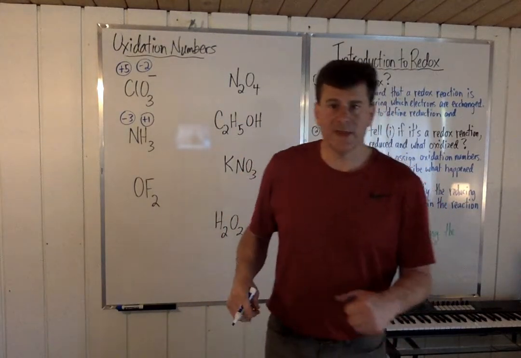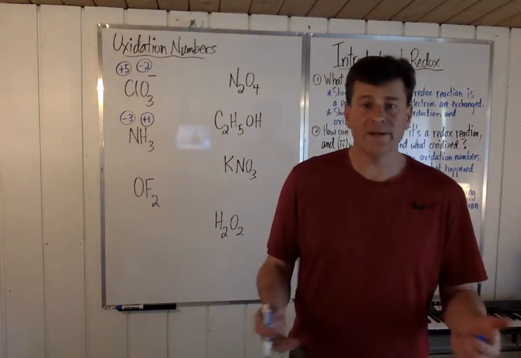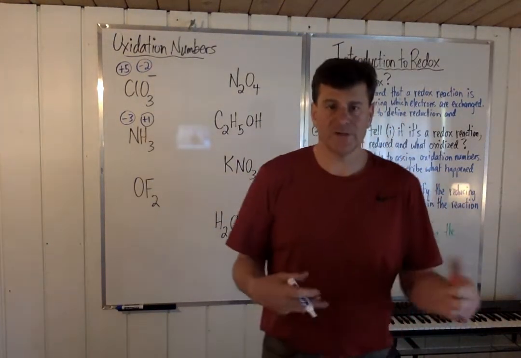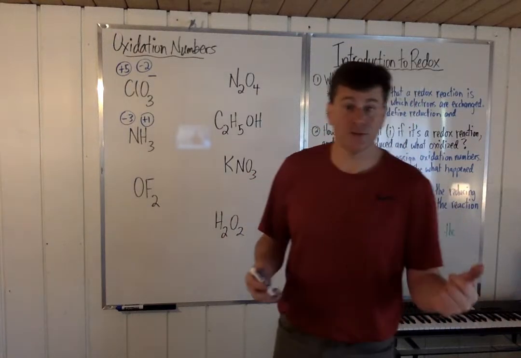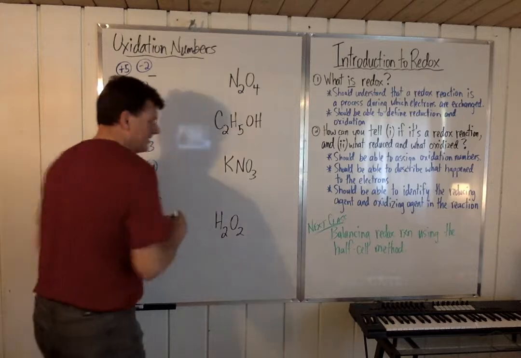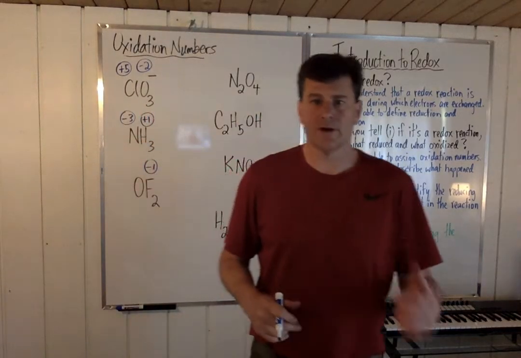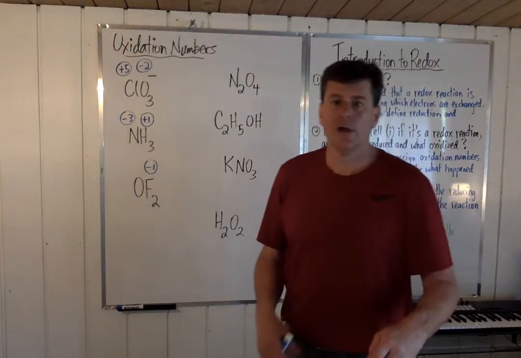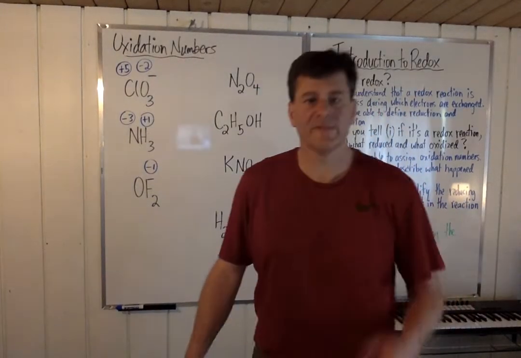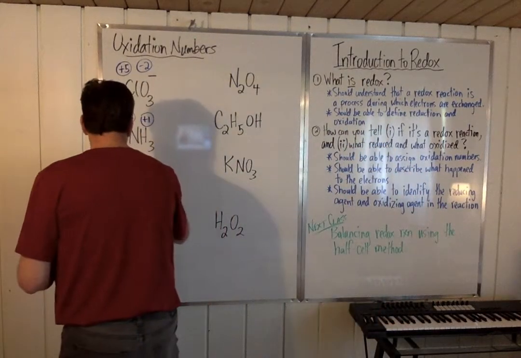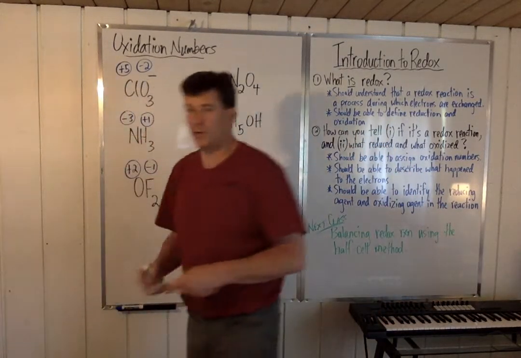Next one down, the OF2. So again, I've got a neutral compound, because there's no charge there. I've got 1 oxygen, I've got 2 fluorines. Highest priority goes to fluorine. Fluorine gets an oxidation number of -1. There are 2 of them, so -1 times 2 is -2. I've got a single oxygen that has to balance off that charge to make it neutral, and so the oxygen is +2.